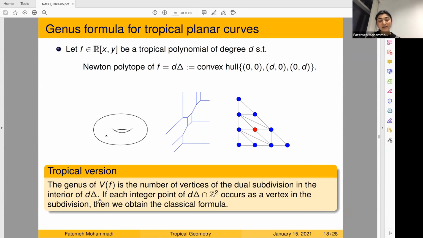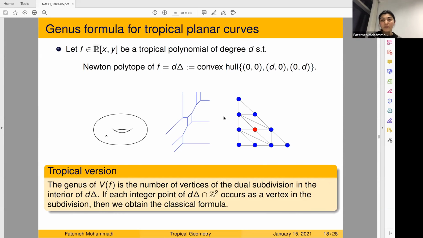That's the statement that I just told you: the genus is the number of vertices in the dual subdivision which are in the interior of this polytope. And if every interior point actually shows up as a vertex, in a sense that it's connected to a triangle or face here, then this number that we read as the genus is going to be exactly the classical one, which was (d minus 1) times (d minus 2) divided by 2.